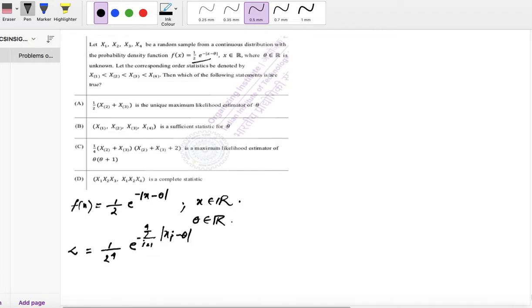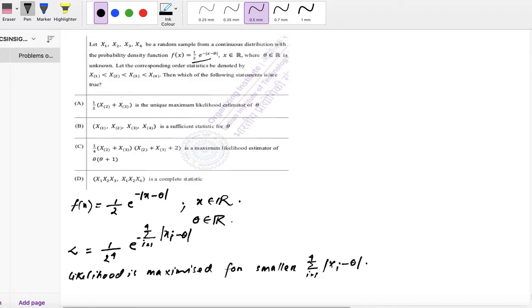For maximum likelihood, the sum is maximized for smaller values.